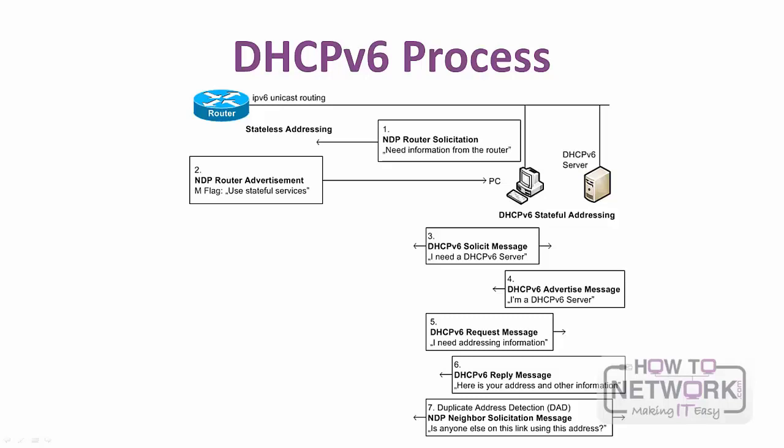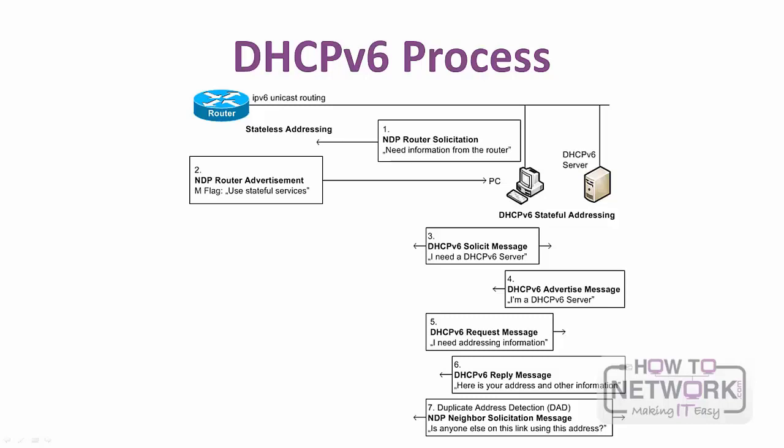Even though PC obtained its address from DHCPv6, a stateful service, it will still use the Duplicate Address Detection (DAD) process to ensure that there aren't any other devices on the link with this address. Step 7. PC sends out a neighbor solicitation (NS) message with its newly obtained global unicast address to all devices on the link.